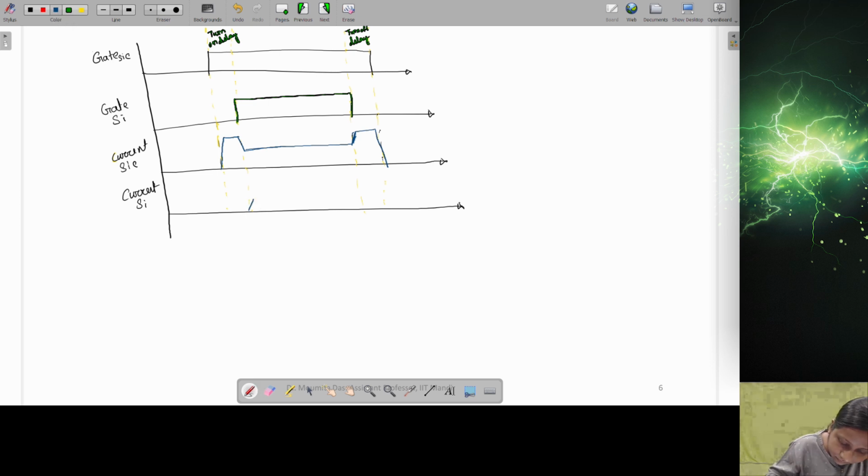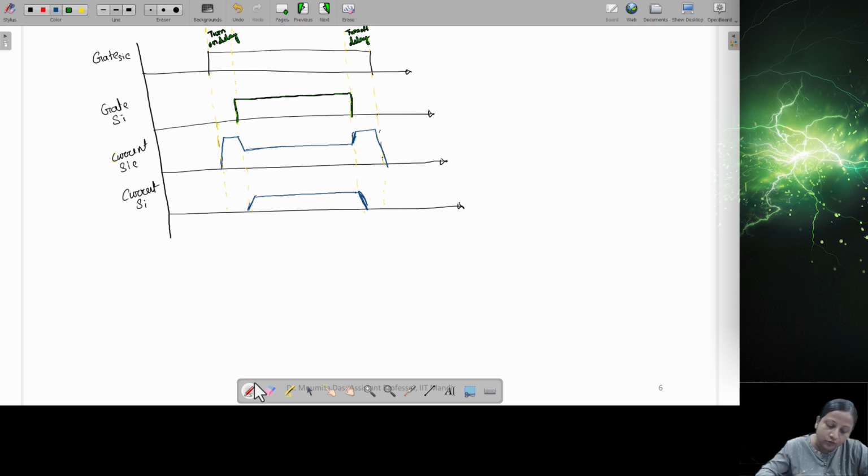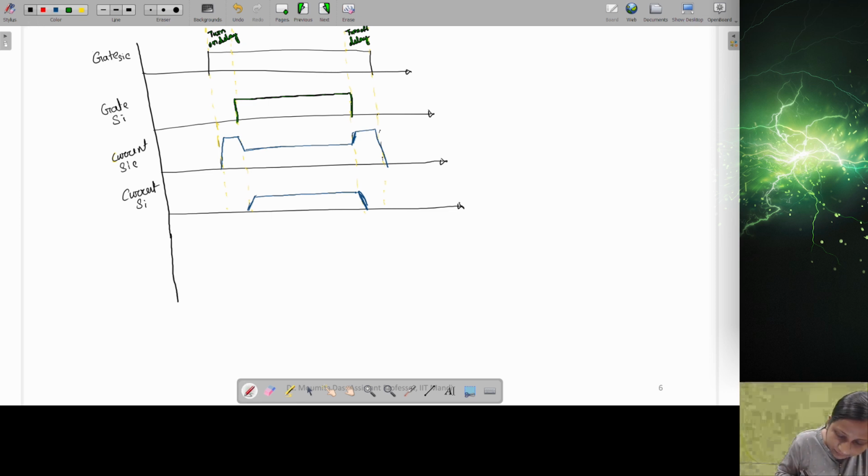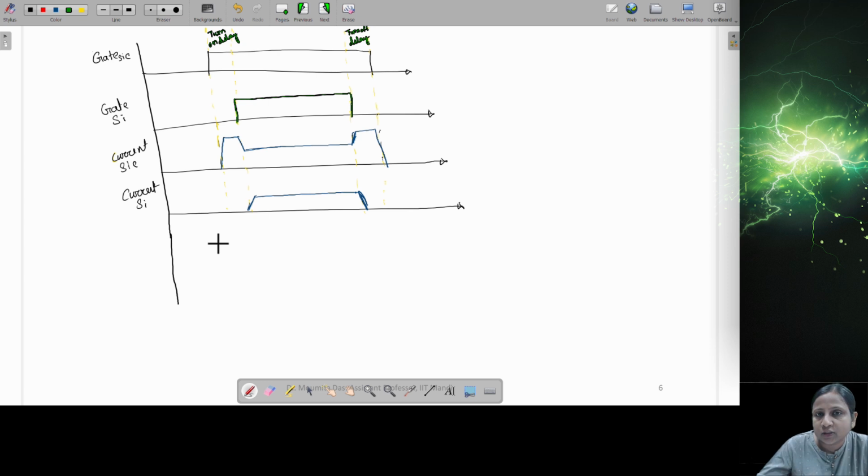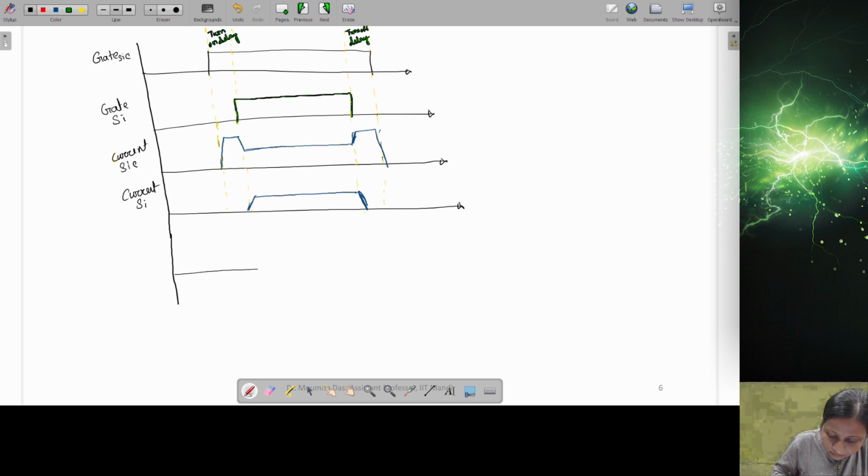So the current difference which you can see here, at this particular point during the turn on delay, the additional current will flow through this silicon device. I hope this is clear to you, how this is working. This is due to the turn on and turn off delay that we are providing in order to get the advantage of this hybrid switching.